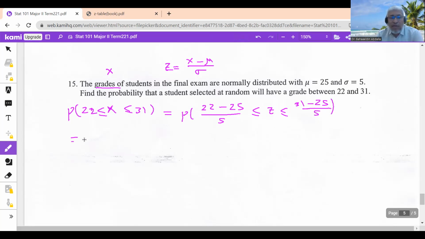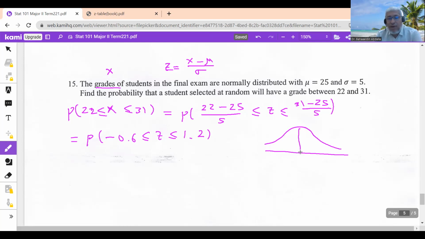If you use the calculator, you'll find that this is the probability that negative 0.6 is less than or equal to z, less than or equal to 1.2. And to find this probability, you have to understand the table. Negative 0.6 will be somewhere here, and 1.2 will be somewhere here. So we need this area.